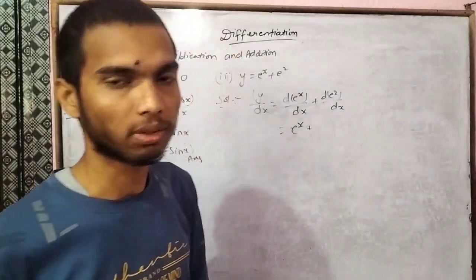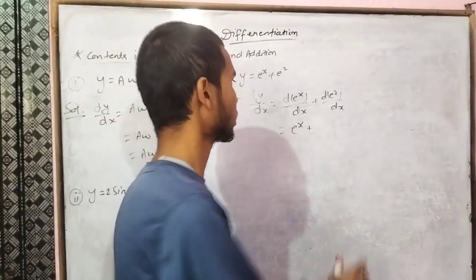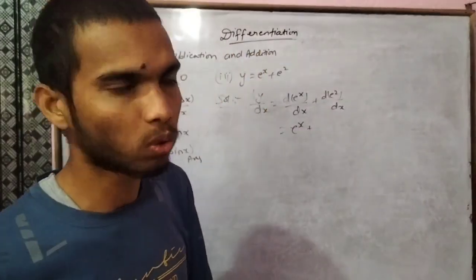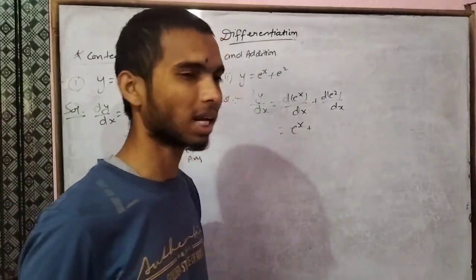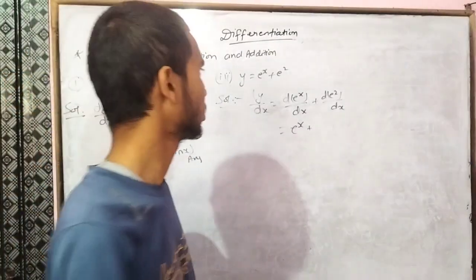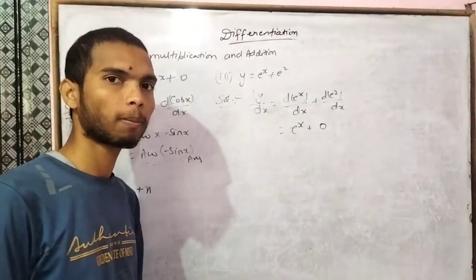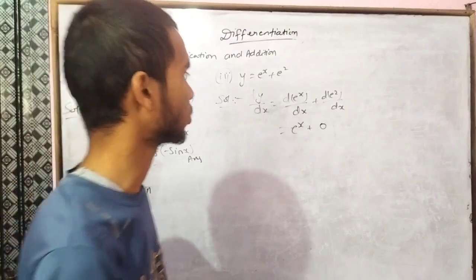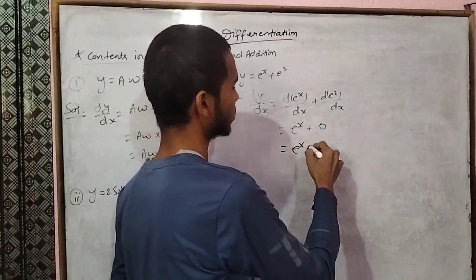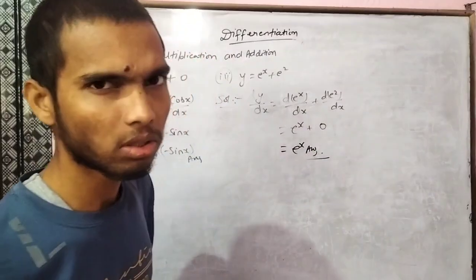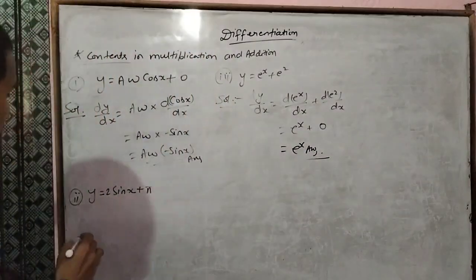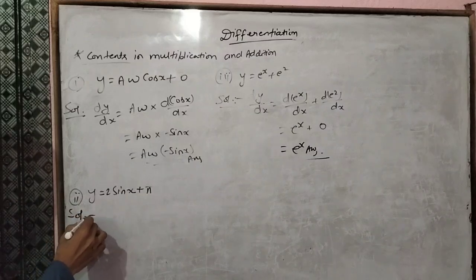So this is a constant. We will consider it as a constant because there is a value of this. I don't know clearly, so we will consider it as a constant. Now this is also.